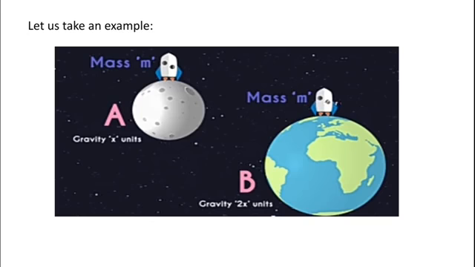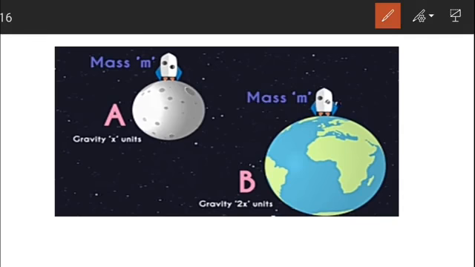Now, let us see one more situation. Here you can see that there are two places, place A and place B. The gravity on place A is x units and the gravity on place B is 2x units. Again, the same object of mass small m is placed on these two surfaces. If the gravitational pull acting on the object due to place A is x units, then the gravitational pull acting on the same object due to place B is 2x units.